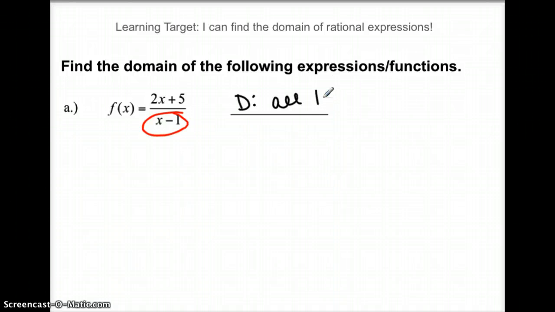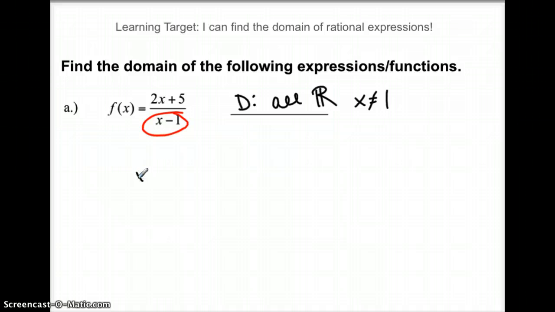So I use this special R to denote real. So all real numbers work for x except one number. What number would I subtract 1 from and I would end up at 0? A 1. So everything would work except a 1. If I plugged in a 1, then my calculator would go ballistic with an error.